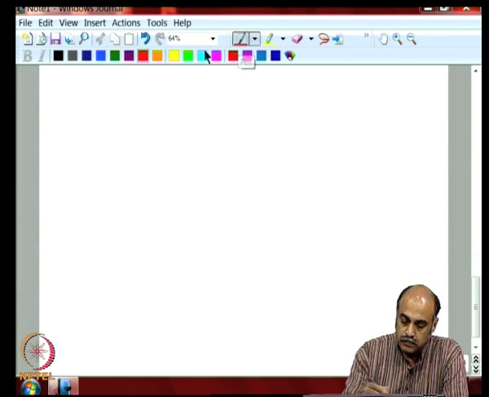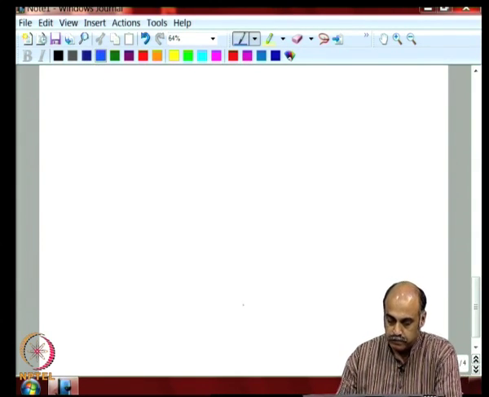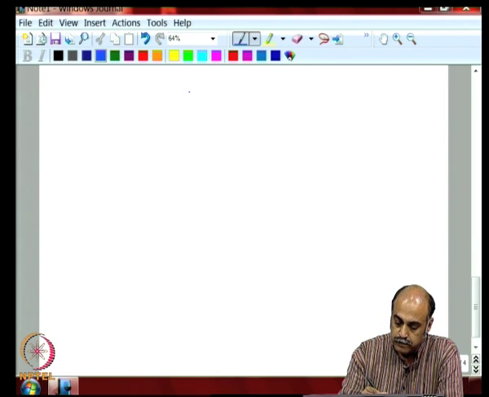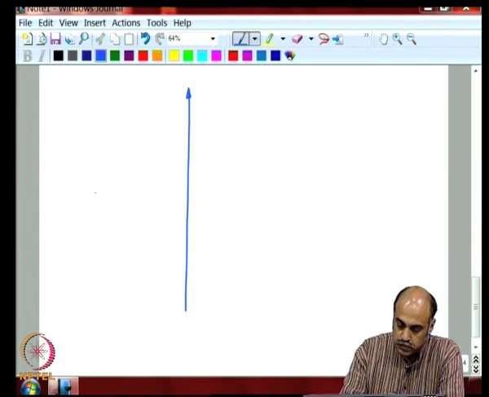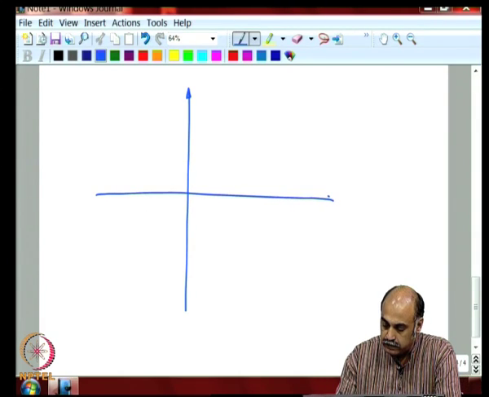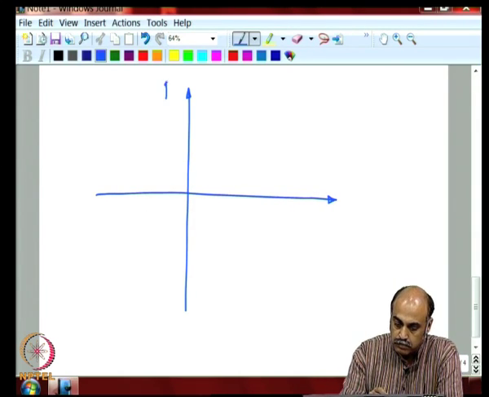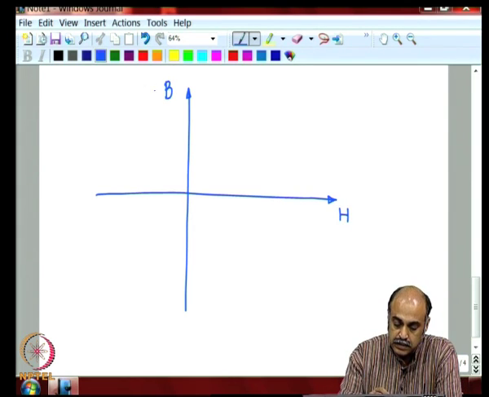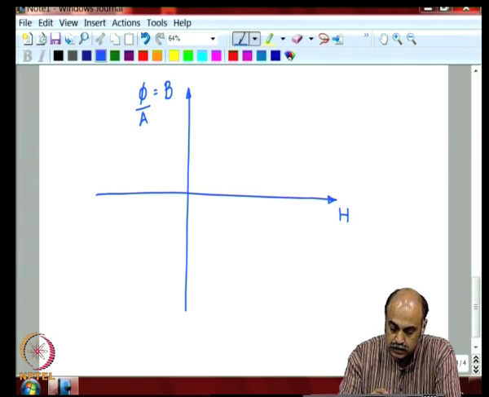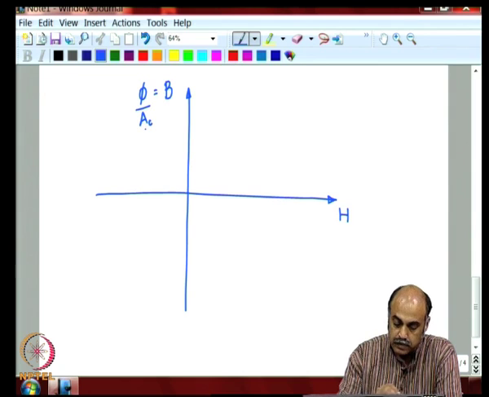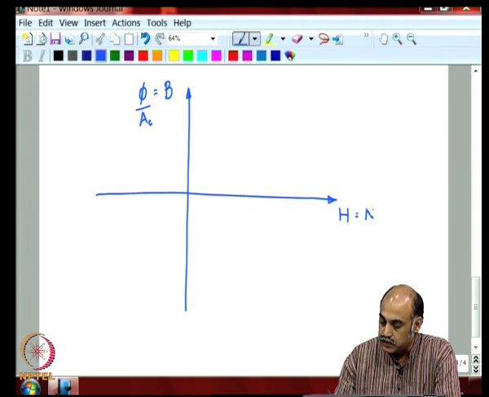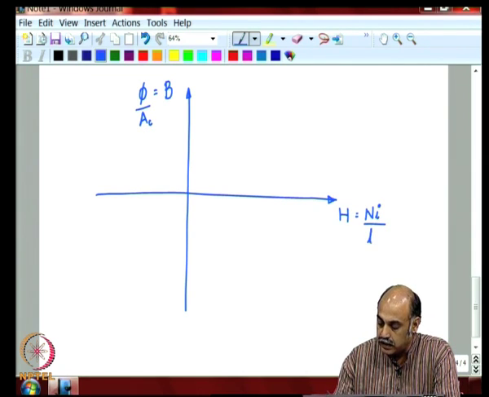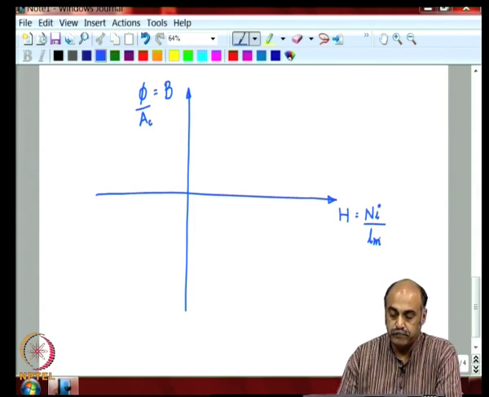Now, in the literature, you would see a very important graph, B versus H. B is called the flux density, which is the flux through the core divided by the core cross section area, and H we saw coming from Ampere's rule, Ni by Lm.